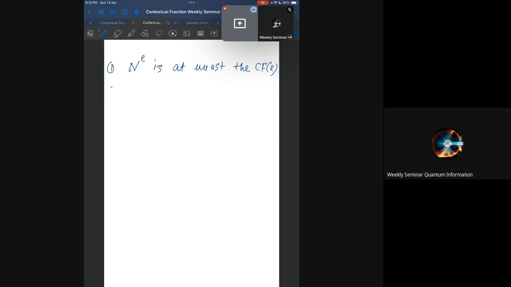And the second result is this: if the contextual fraction for a model is greater than 0, you can always get an inequality like this.